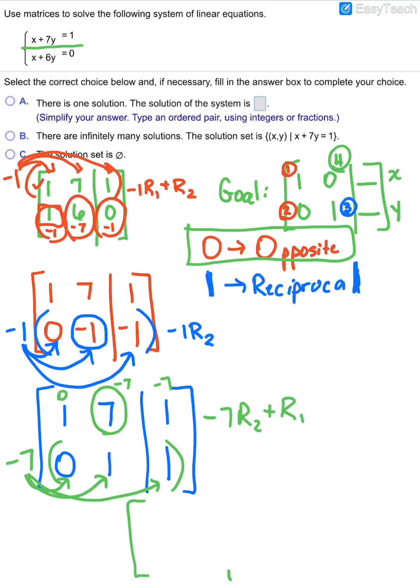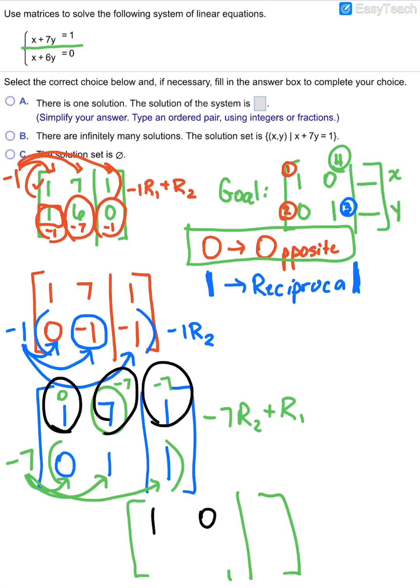So now when we add those up and put our answers in a new matrix, my 0 plus 1 would be 1. 7 plus negative 7 would be 0. And negative 7 plus 1 would be negative 6. Row 2 did not change permanently, so I bring it straight down.